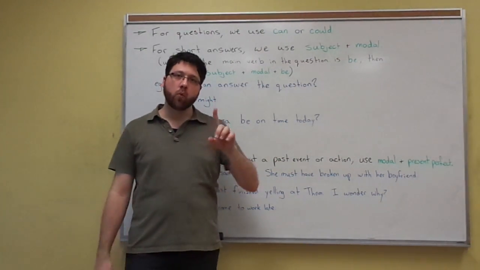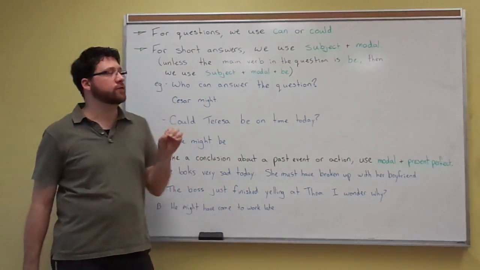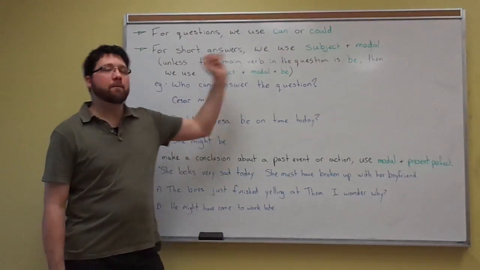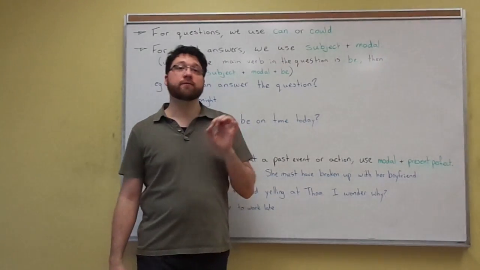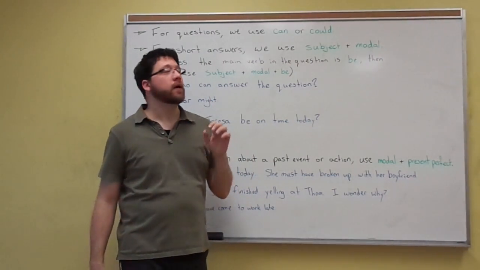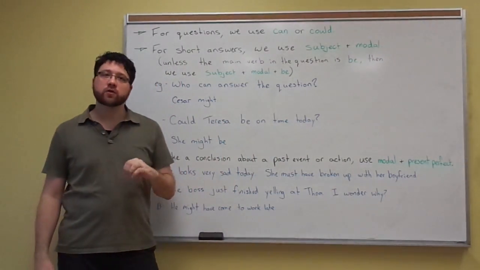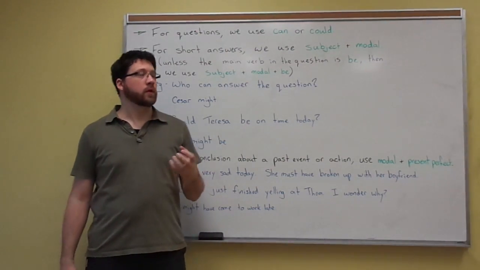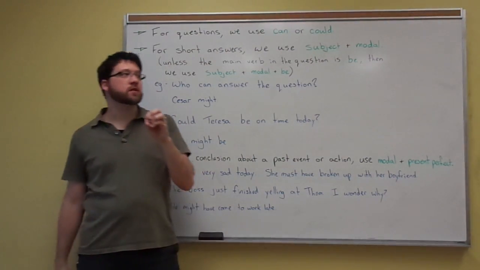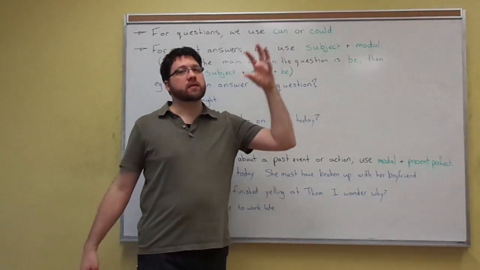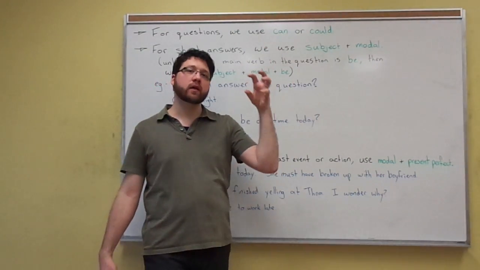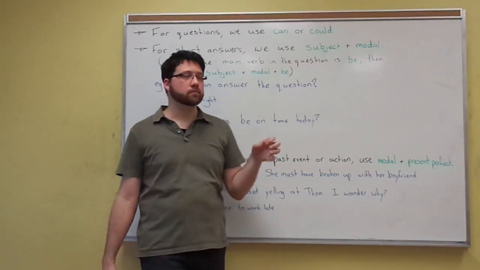However, there is one catch. You have to be very careful, because if the main verb in the question is the verb to be, then with our short answer we have a different form. Our form here is subject plus modal plus be. We have to include the be verb.